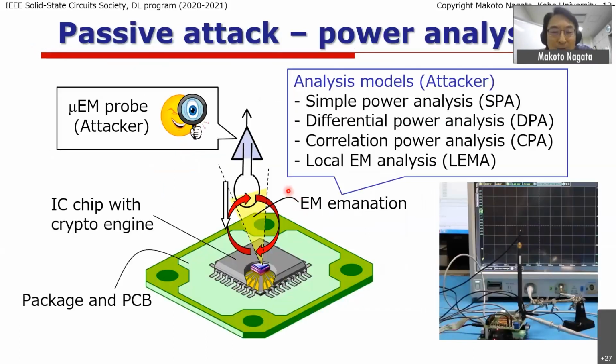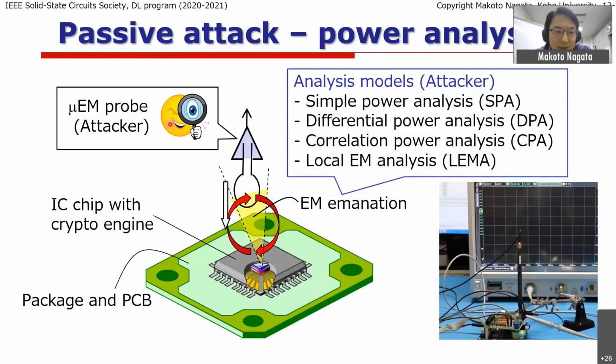So now, one of the most well-known and powerful attack methodologies is a kind of power analysis. In this case, the attacker can measure the EM waves from the die and make some analysis on the set of the EM waves to extract the secret information, just by measuring the EM waves.